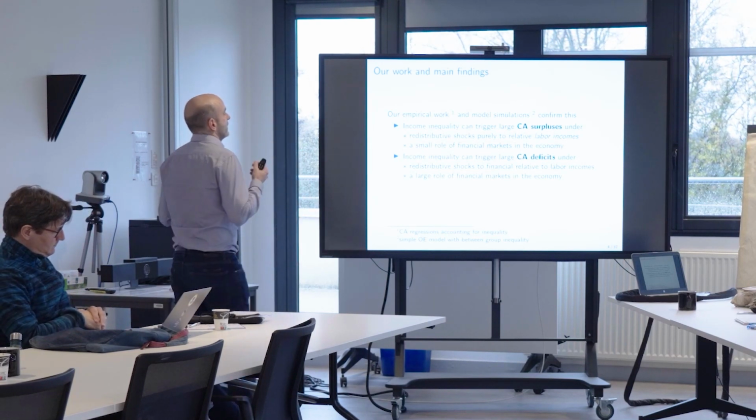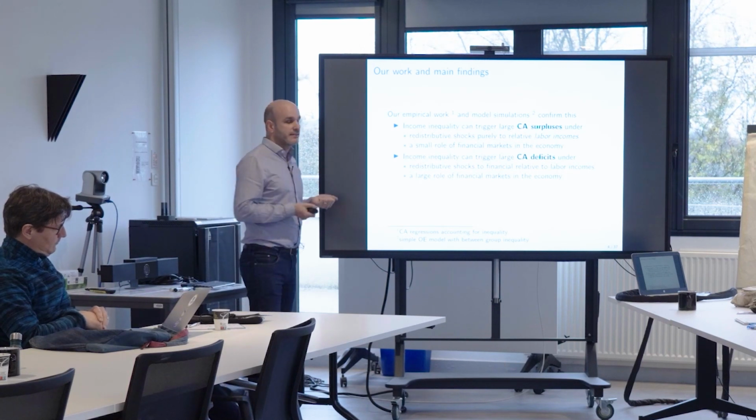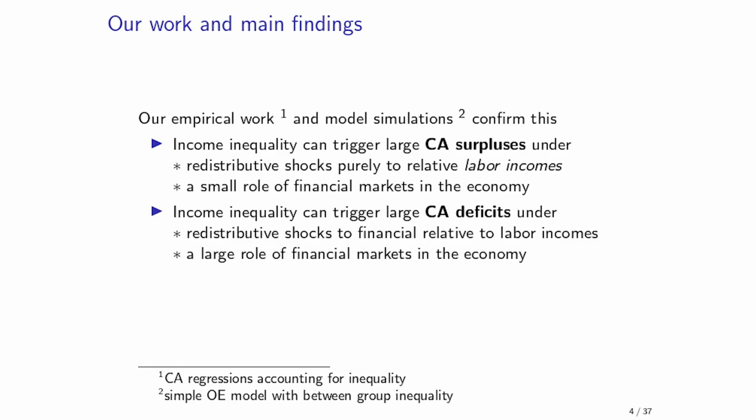So if income inequality comes from a redistribution of labor income, then this is going to lead to current account surpluses. On the other hand, if the income inequality is a redistribution of financial income or an increase in financial income of top earners, then this will lead to current account deficits.